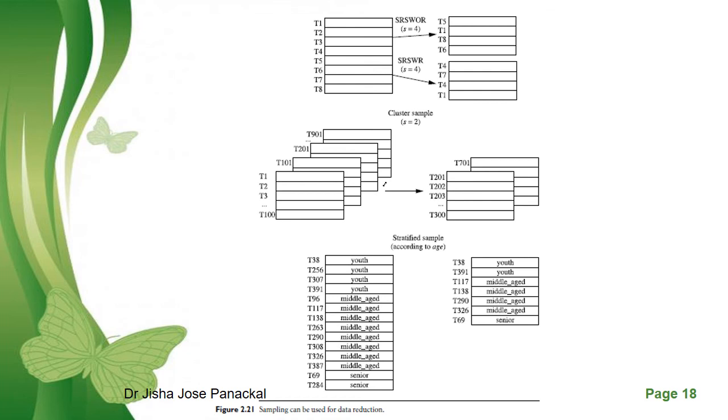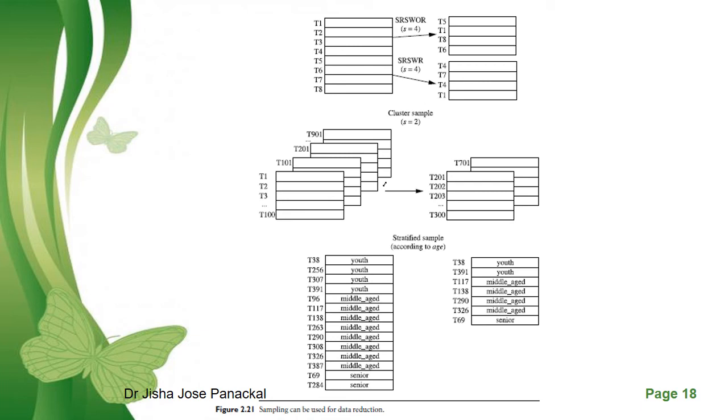For example, in the above figure, we have 8 transactions, transaction 1 to transaction 8. We can get samples, each having 4 tuples. That can be one method, or we can use a cluster sample.